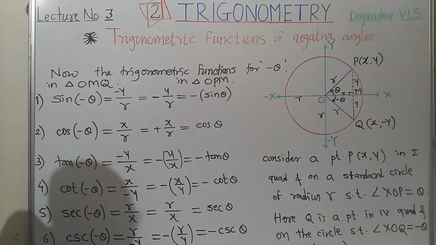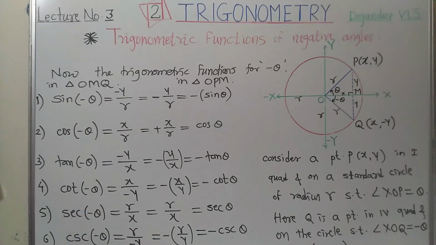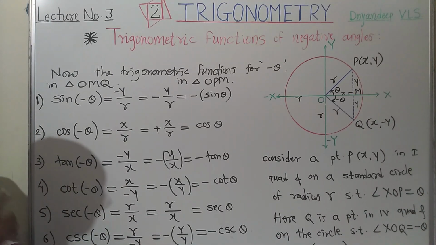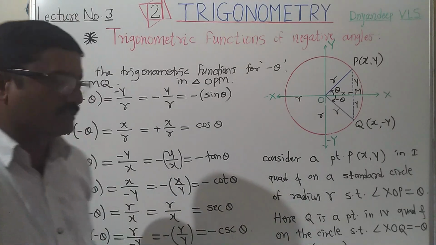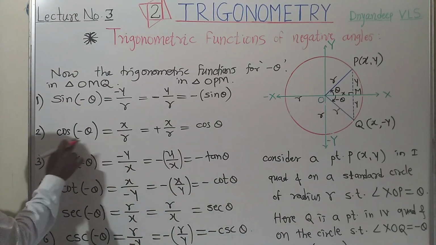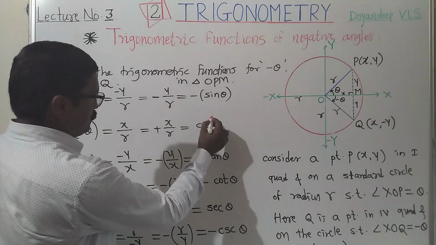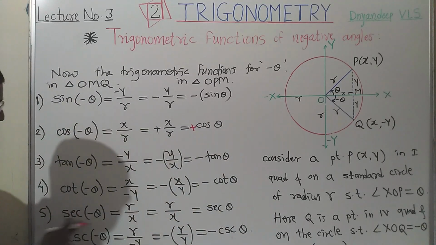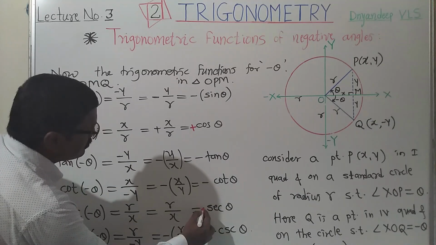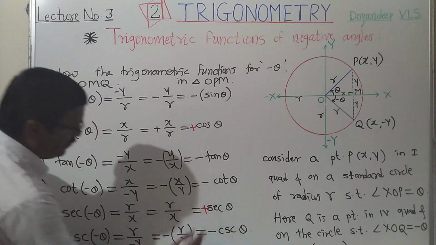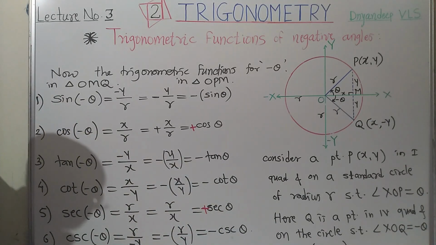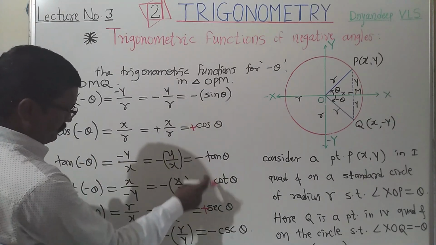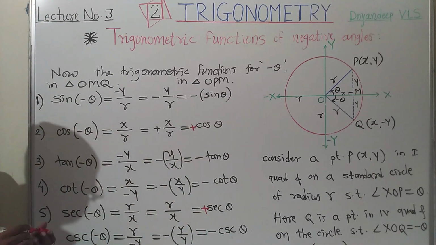Okay, these are the 6 trigonometric functions. Now if you observe carefully all these trigonometric functions for negative angles, cos of minus theta is cos theta, so this one is positive, and sec of minus theta is plus sec theta. So only two are positive and others are negative. Why is this so?